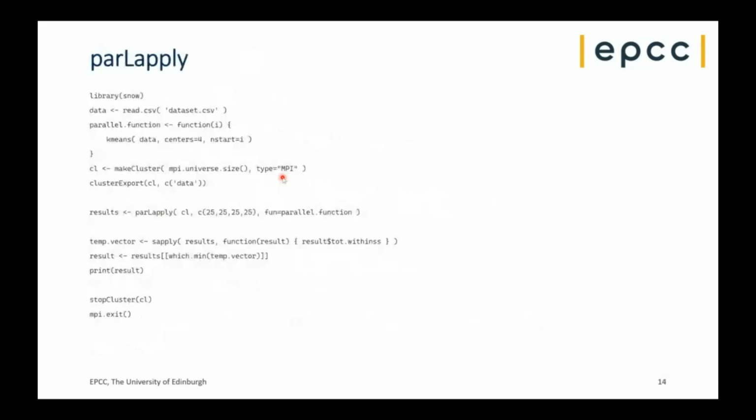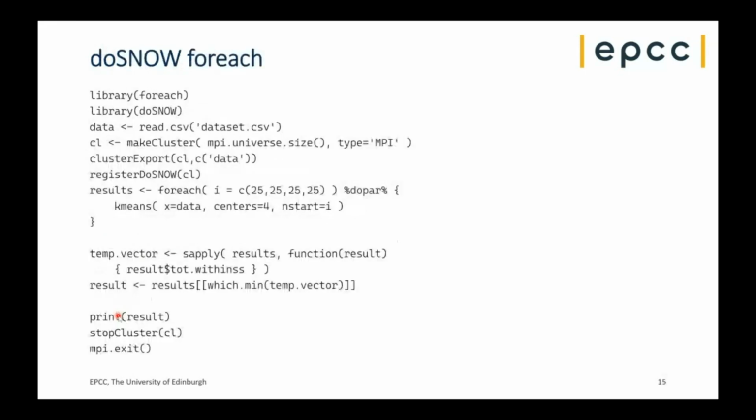We'll see that in a little bit. We export our data, so we actually say take this data and split it up across the cluster once we've got it here, so it's ready when we run our parallel function. Once we've done that, we can get the data back and stop the cluster and finish the program. Snow lets us do similar kinds of things with a parallel cluster.